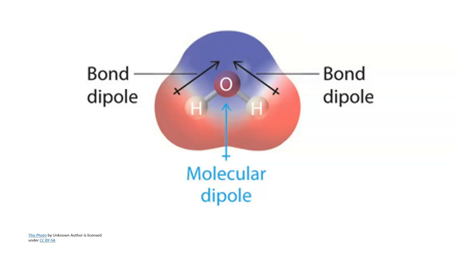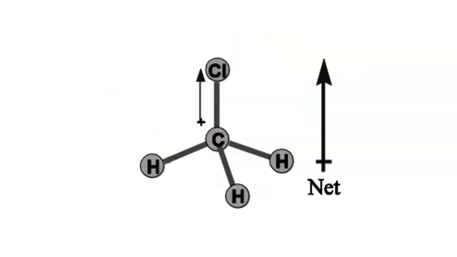Polar bonds can be put in a nonpolar molecule if the polar bonds completely cancel each other out, and there are guidelines. Sorry for my confusion. Let's talk about those. To determine your molecular polarity, first sketch your 3D shape, not your Lewis structure, but your 3D shape.